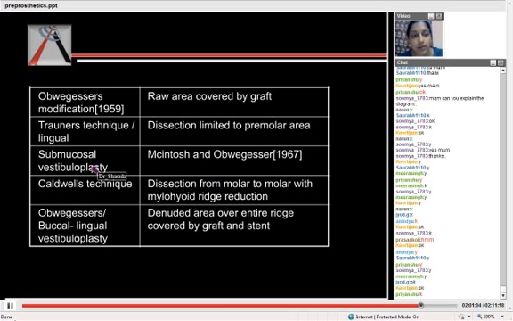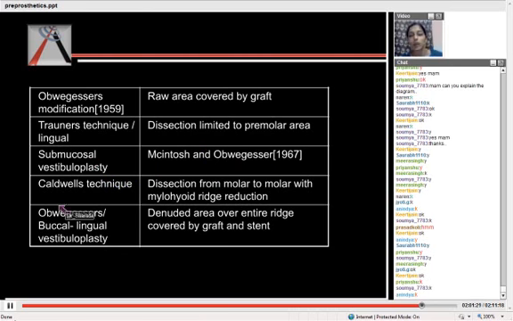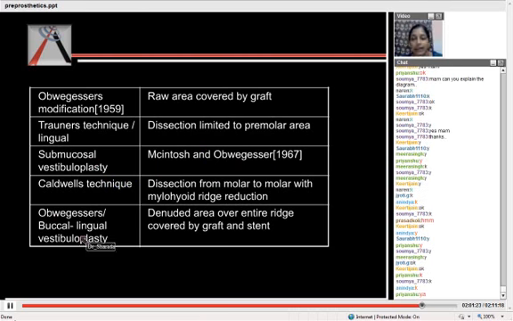Now submucosal vestibuloplasty, not the entire mucosa, was given by McIntosh and Obwegesser, not only Obwegesser. Now a combination of buccal and lingual was given by Obwegesser again.